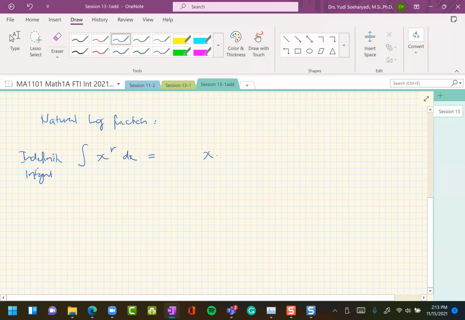You raise the power by 1, and then divide the result by the new power, plus C, of course, the constant. Because you have division by r plus 1, it imposes a condition that r plus 1 cannot be 0. So r cannot be negative 1.